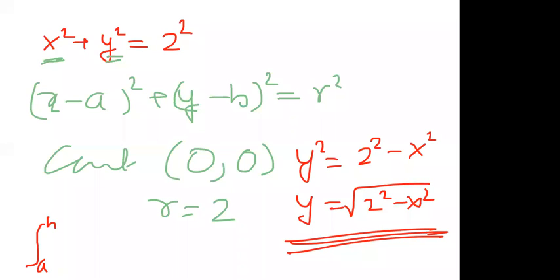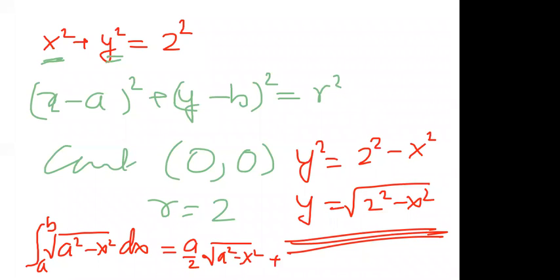The integral from a to b of √(a² − x²) dx will be a/2 √(a² − x²) plus a²/2 sin⁻¹(x/a) plus c.